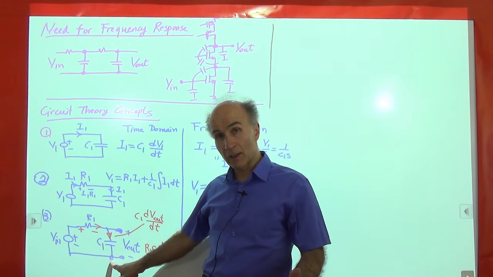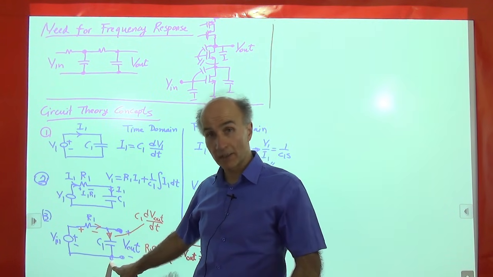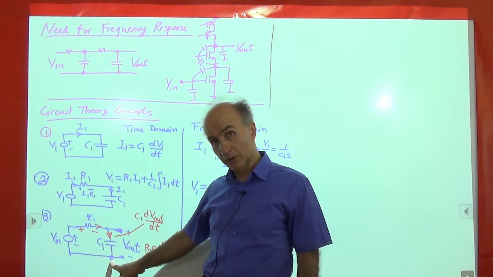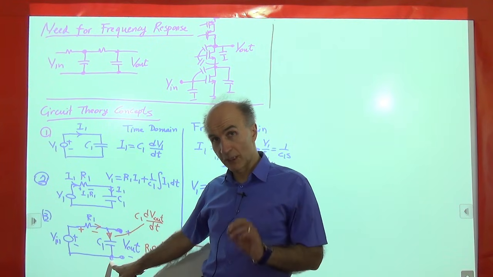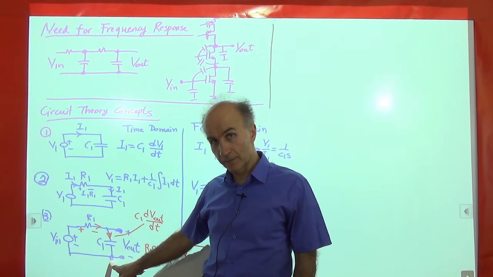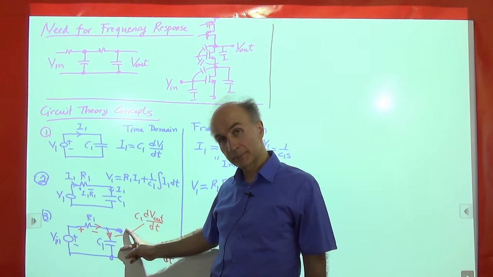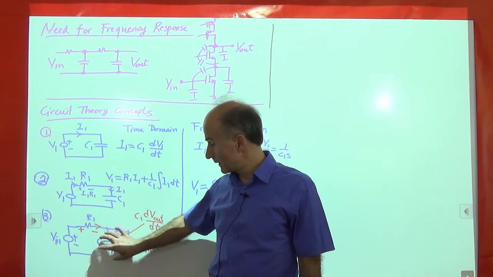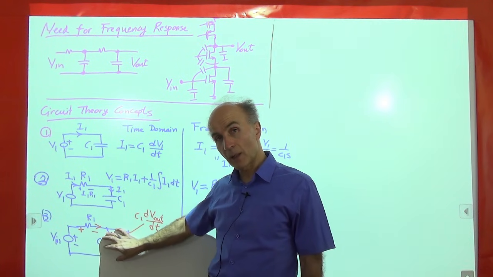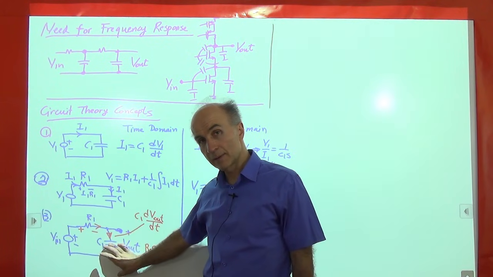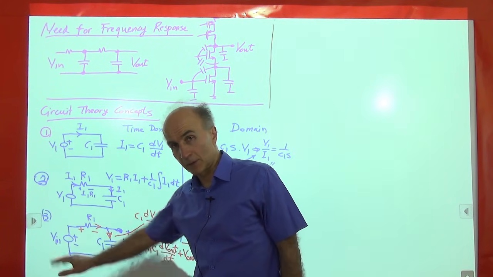And that reminds us of a voltage divider, right? This is a voltage divider, and it's a more general voltage divider than if we use only resistors to divide the voltage. So if this is a voltage divider, I can say that the output voltage is equal to this impedance divided by this plus this, multiplied by the input.